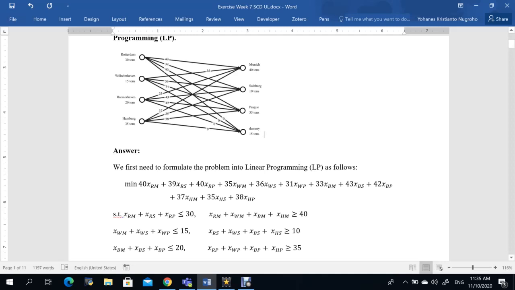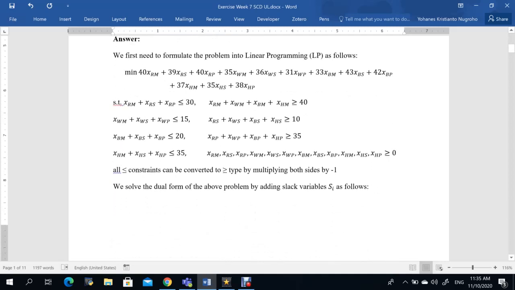After formulating this linear programming problem, we have the following non-negativity constraint, that all transportation of products from all sources to all destinations cannot be less than 0.